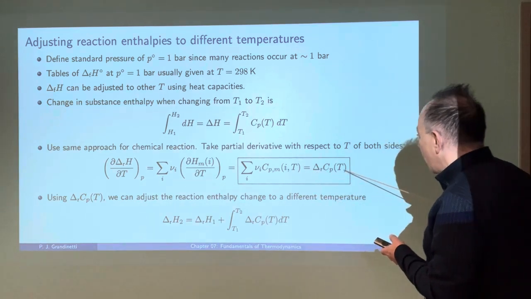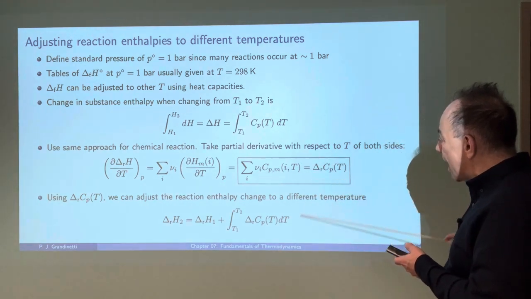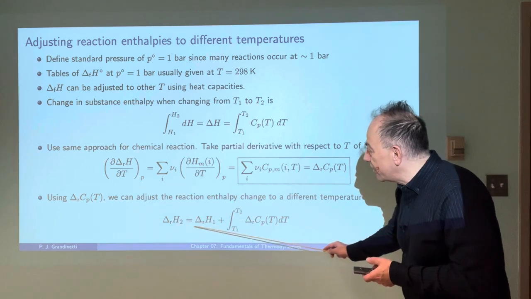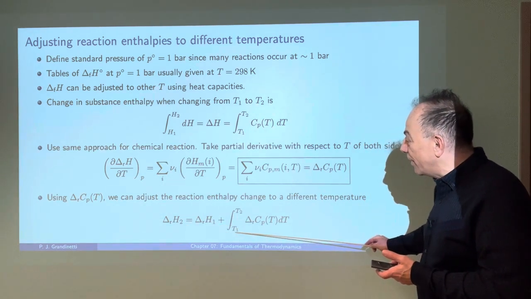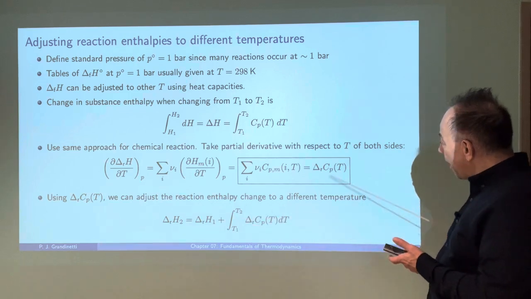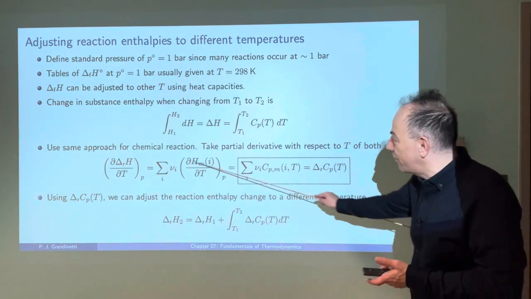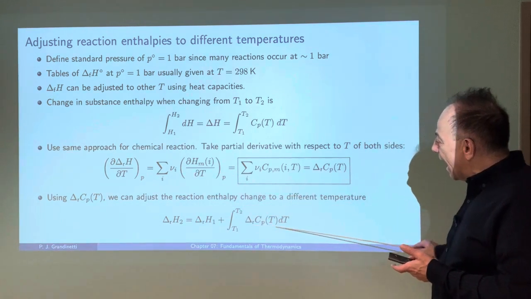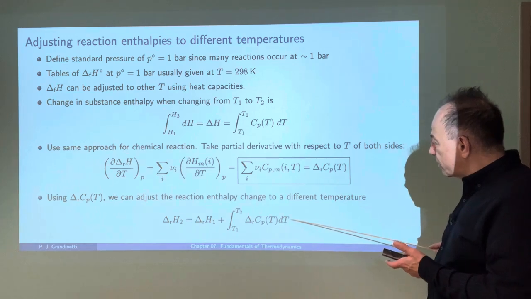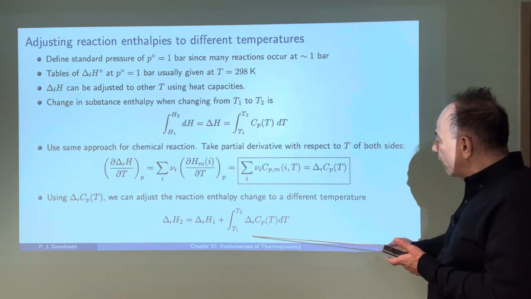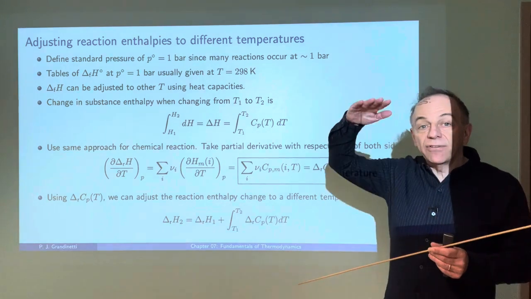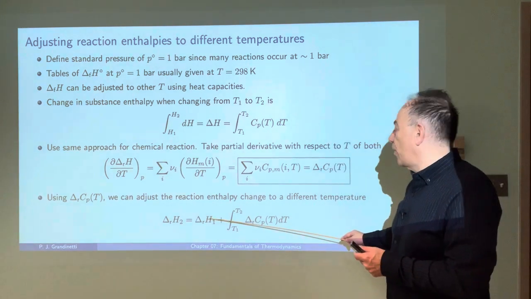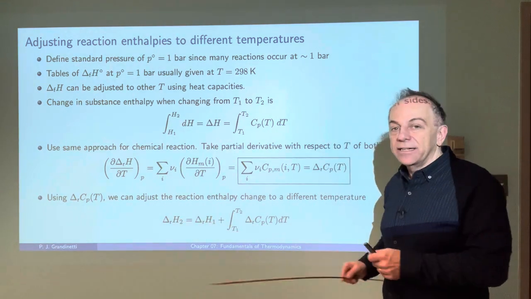So in other words, we can calculate the heat capacity of a reaction, and then we can take the delta H of our reaction at say 298. We can integrate from 298 to say 350 this quantity here, which is defined here, and this factor, integrated from T1 to T2, will give us the change in the delta H for the reaction from our initial temperature T1 to T2.